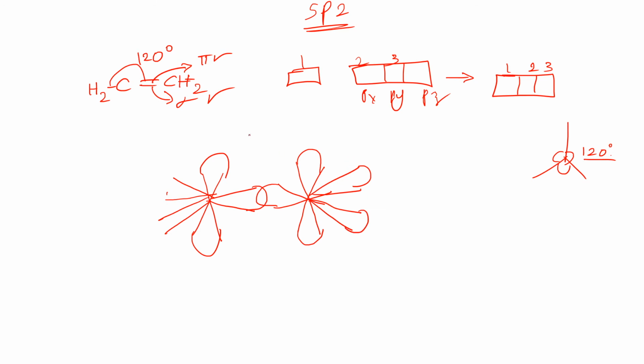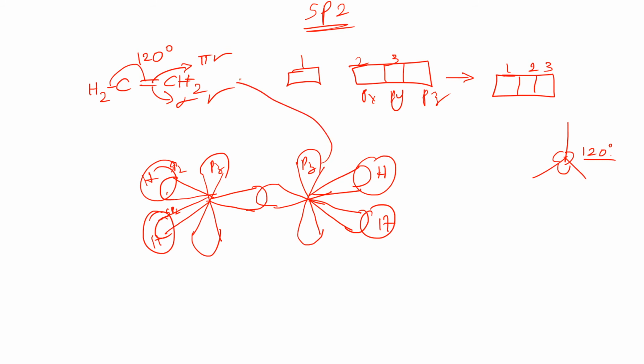So as we know, this is a pz, and here there is a formation of the sp2 hybrid orbitals with hydrogen. Here will be the hydrogen, and this is also hydrogen.